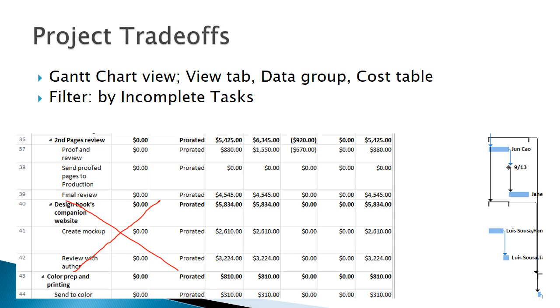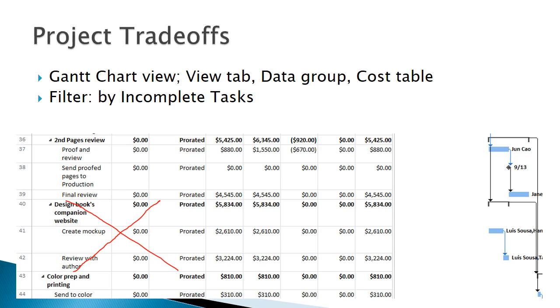The project overall is around $10,000 over budget, which we can see from the project statistics. The project sponsors have asked you to cut $5,000 from the project budget to bring costs more in line with the original plan. Looking over the tasks filtered by incomplete tasks, you can see there are tasks to create a companion website for the book.